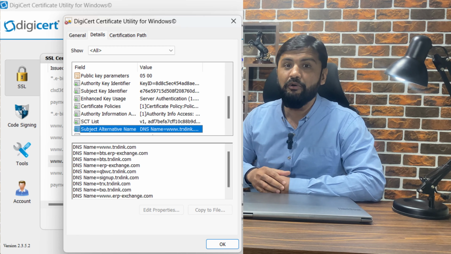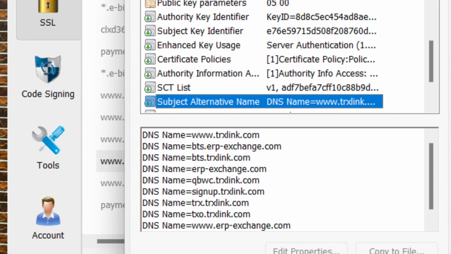UCC certificates are generated on behalf of a single CSR, and we have a single certificate for multiple primary domain names. Inside the UCC certificate, we have multiple domain names and multiple child domain names as well, and there is no limitation on the number of primary domain names.